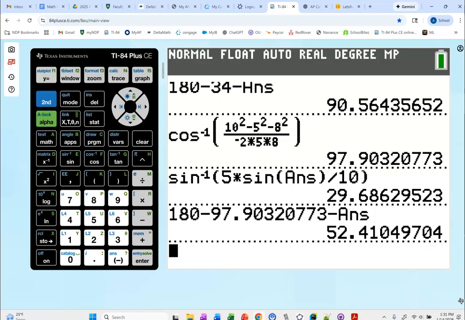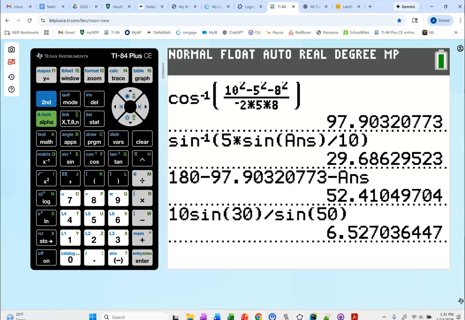Oops. 10 times, I forget, it was sine 30. That's my value for side B. It should say on the top if you're on radian or degree. Correct, yeah, if it says DEG on the top somewhere, you're good.